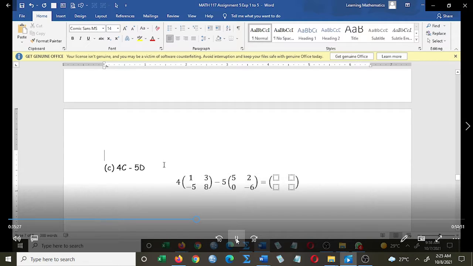So that 4 there is a scalar value. We have that written down, right? A scalar value? Yes, scalar.